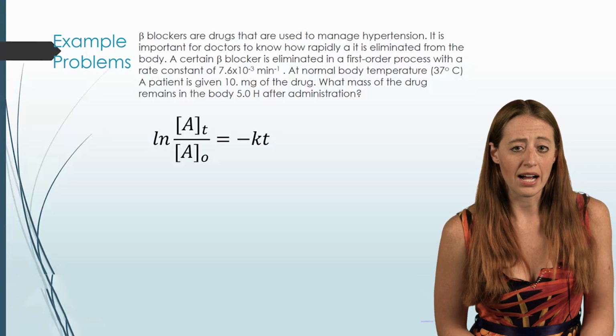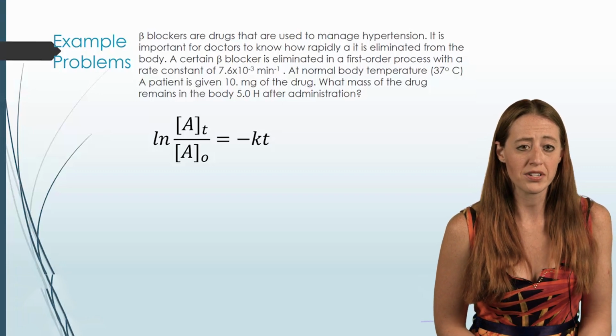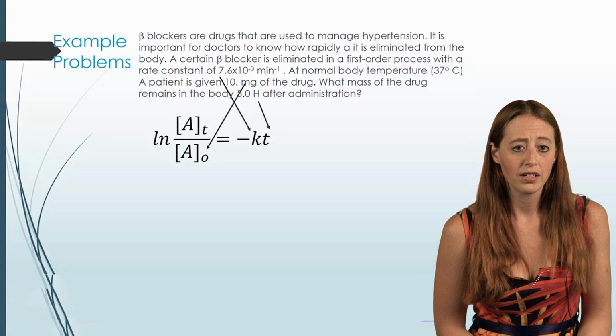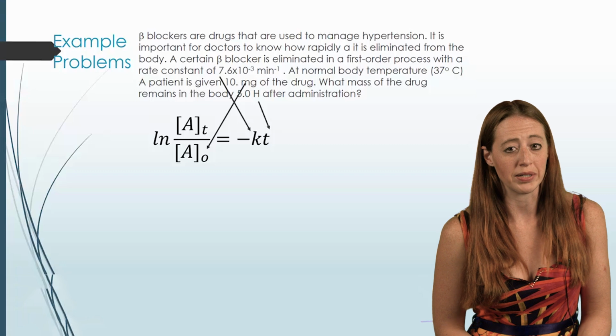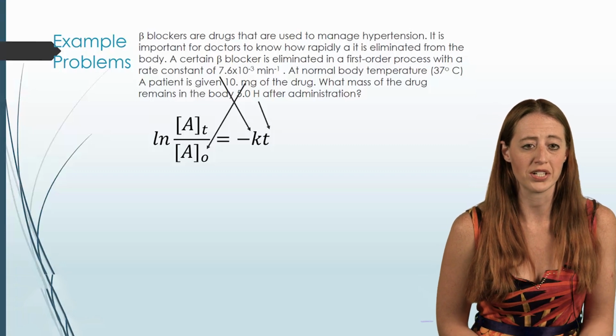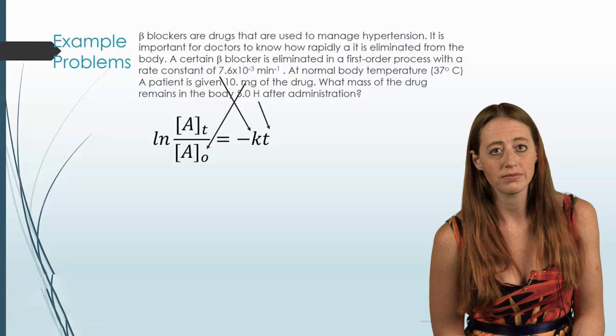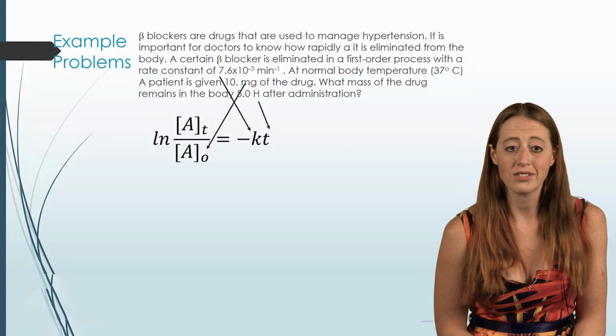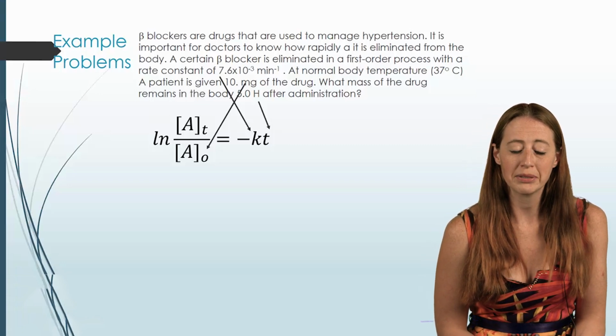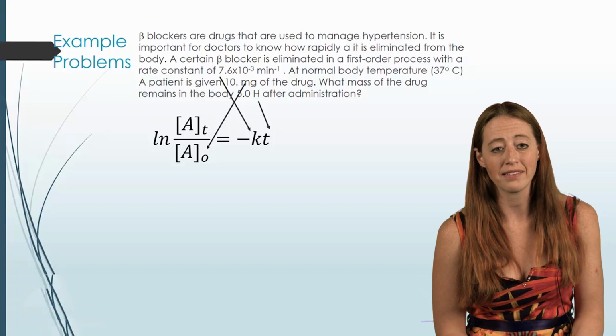So by looking at this now, we can ask, do we have an initial concentration? Well, sort of. I didn't actually give you an initial concentration. What did I actually give you? I gave you mass. And we can look at this formula and say, but this is concentration, not mass.